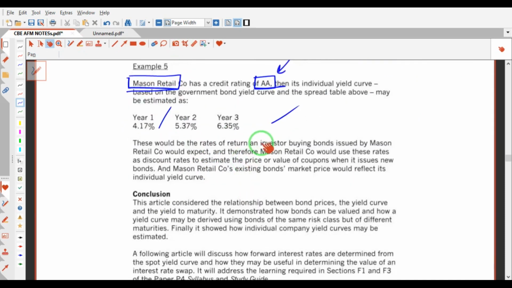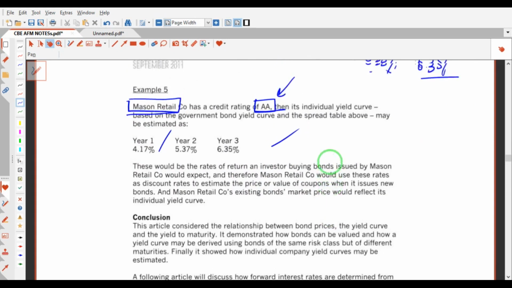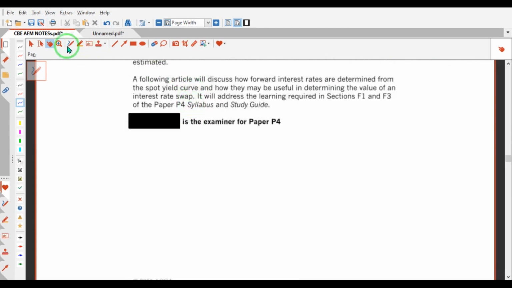And of course, if I expand this to example 6, which is actually example 3, if you ask me, the examiner has already done example 6 in the form of example 3. But I want to do a value for Mason.